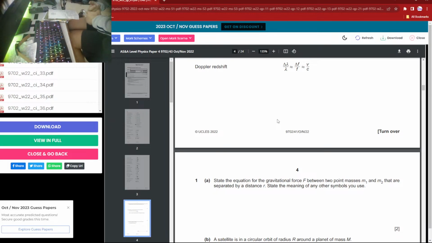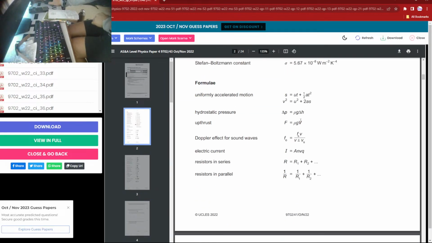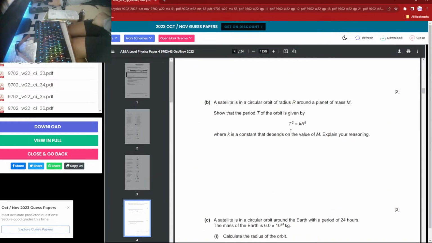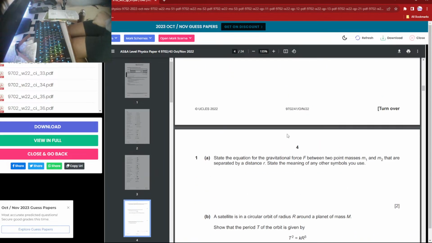It's a lot of papers. Oh yeah, I never really checked, how much time do you get to complete one paper? 2 hours, yeah. It's a really long paper. I mean, of course not compared to uni stuff, but we're in A-levels, so speak A-level language for now.